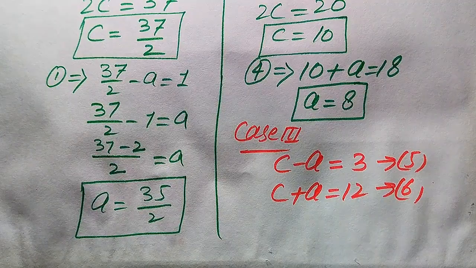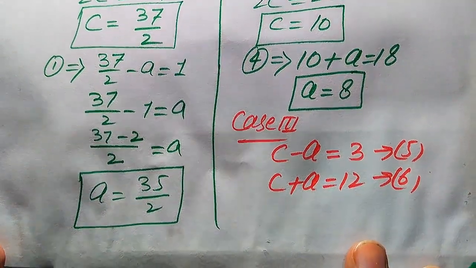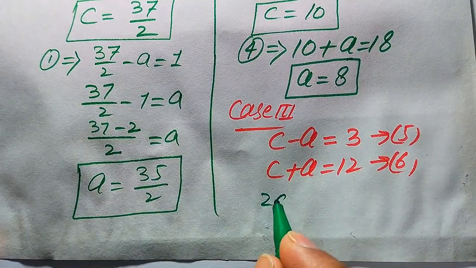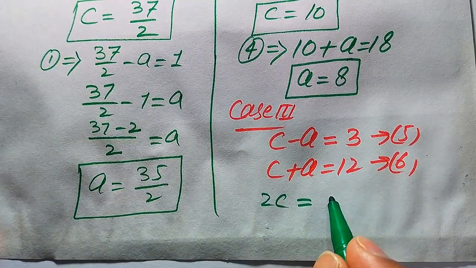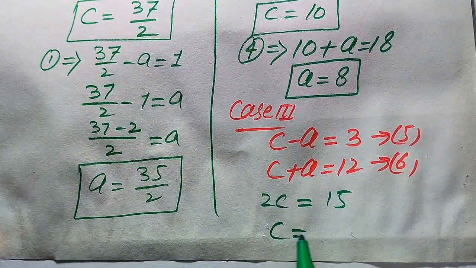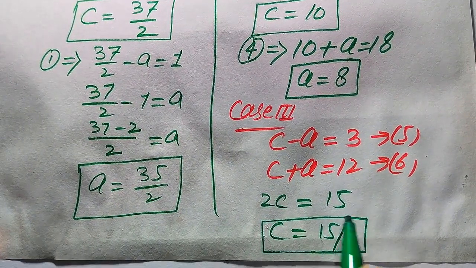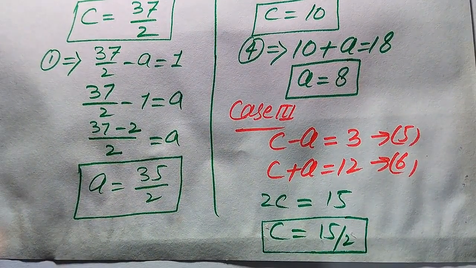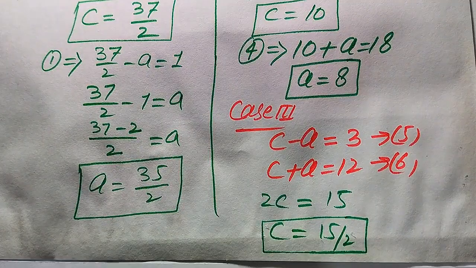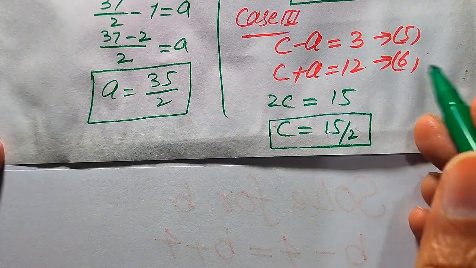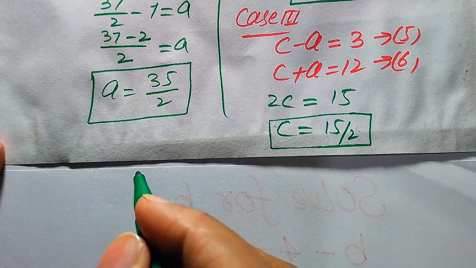Here we again sum up both of these two equations, and when we add them we get 2c equals 12 plus 3 becomes 15, and here we get the value of c equals 15 divided by 2.